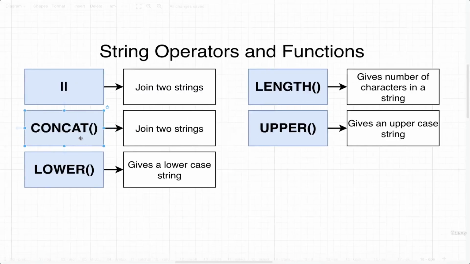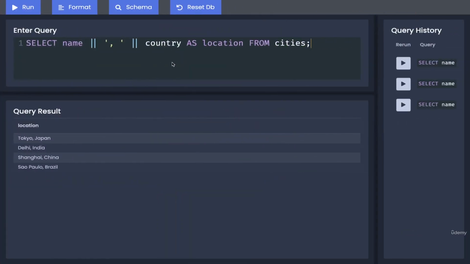We can use a function called concat to also join two strings. So this pipe operator and the concat function do the exact same thing. It is simply the syntax we are using that makes the difference. Let's try doing the exact same operation using concat. I'm going to delete name all the way to the end of country. I'll then replace it with all capitals CONCAT. I'm going to call it as though it were a function, just like we would call functions in many different programming languages.